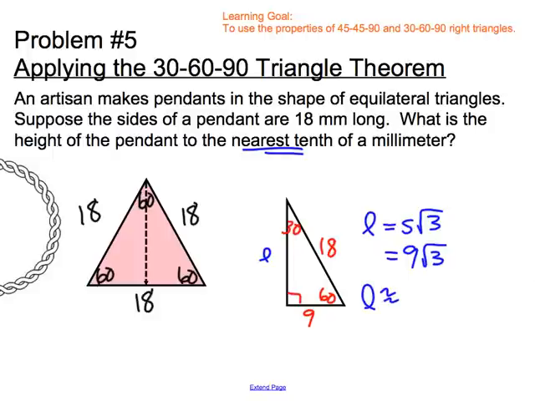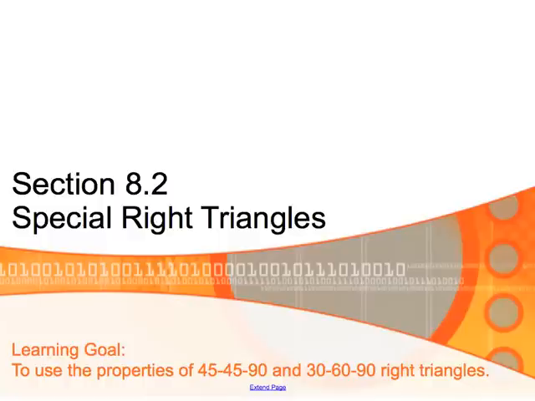And so we know that L is about 15.588. And since we're rounding to the nearest tenth, we look at the hundredths position, and we find that the height of this is about 15.6. So to the nearest tenth of a millimeter, we know that L is about 15.6 millimeters.